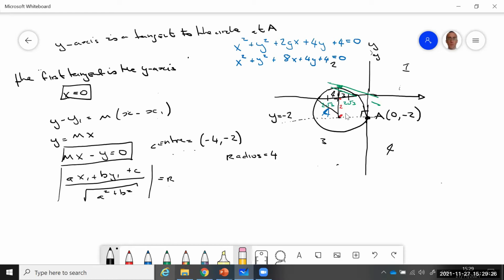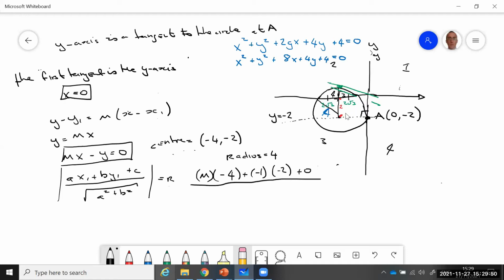So a is m, and x1 is minus 4, and b is minus 1, because the coefficient of the y value over here is minus 1, and y1 is negative 2, and c, well, c is 0, but let's write it down anyway.